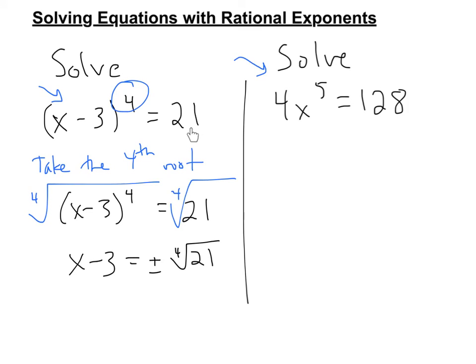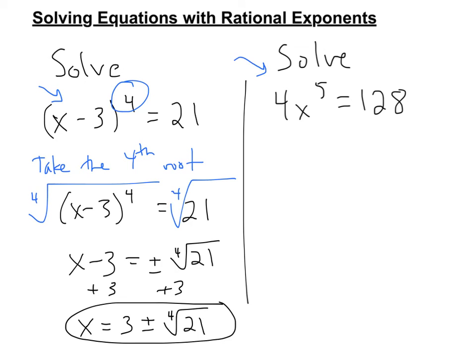So to account for both of those, when you're taking an even root of both sides, second root, fourth root, sixth root, etc., since even powers make things positive anyway, you need to have plus or minus. Okay, then we'll add 3 to both sides. And we have our final answer of x equals 3 plus or minus the fourth root of 21. And that would be a simplified answer to that higher order equation.